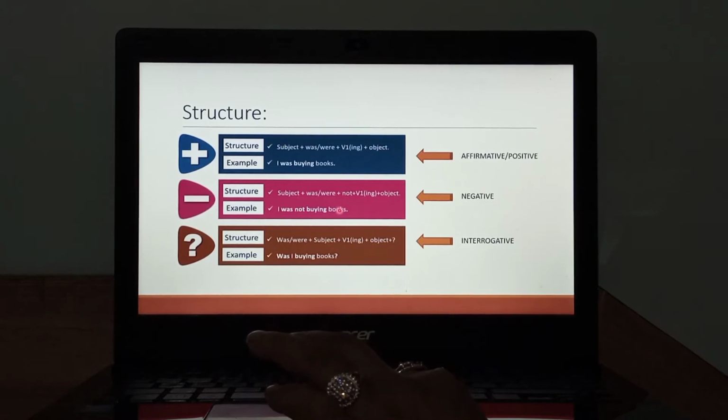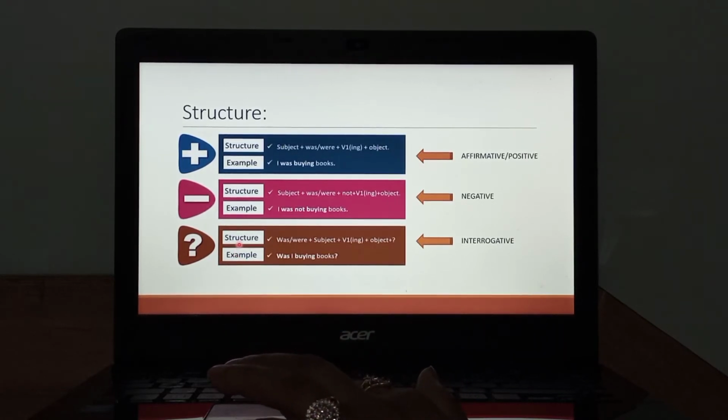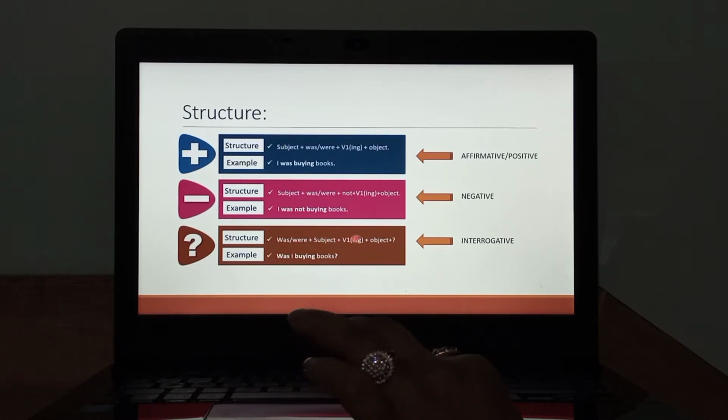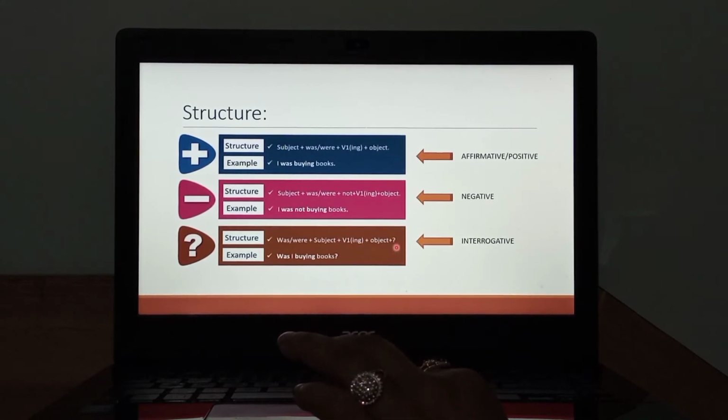Let's move towards the next structure. Was or were plus subject plus present participle form of verb, that is first form of verb with ing, then object. And at the end of sentence we put here sign of interrogation.